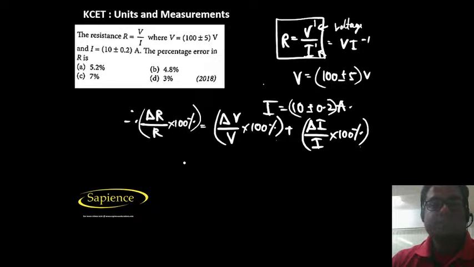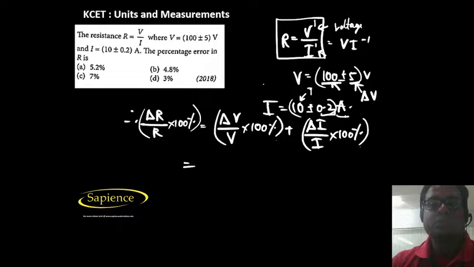Here, 100 is the actual measured value and 5 volt is the error. So this one is delta V, and similarly in the current, 10 is the actual value of the current, and this is the error part.